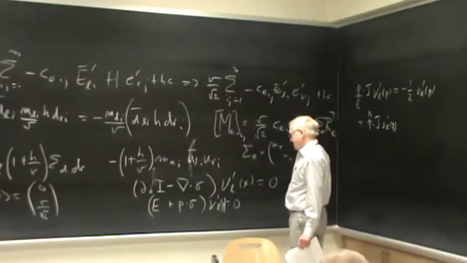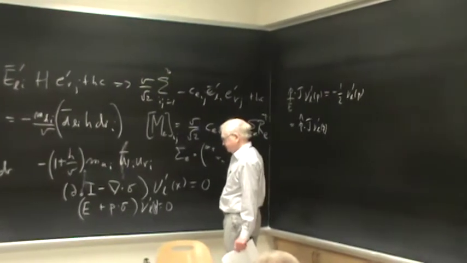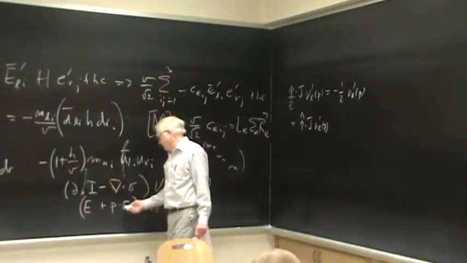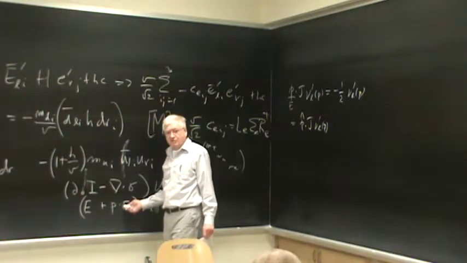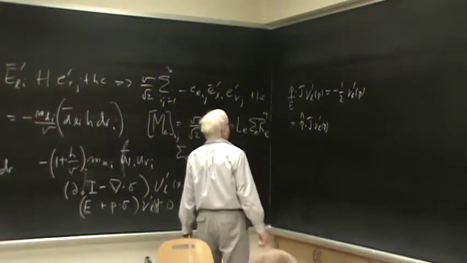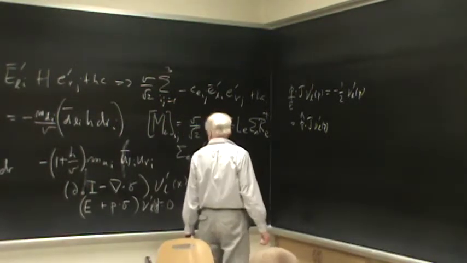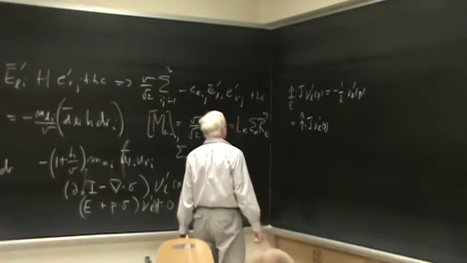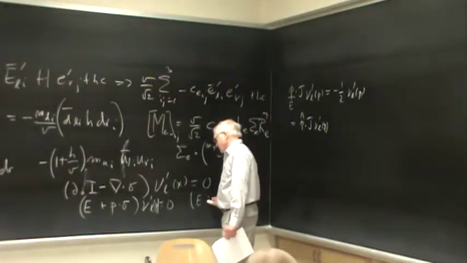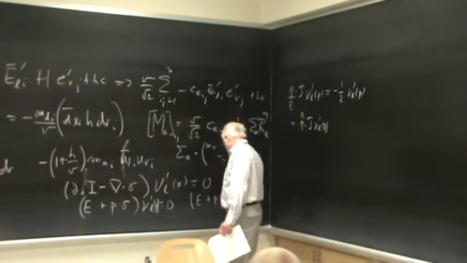Well, J is sigma over 2, so this thing looks like this, 2J.